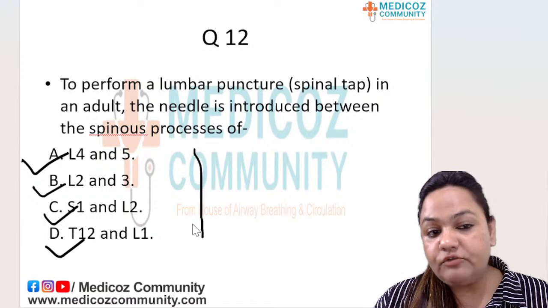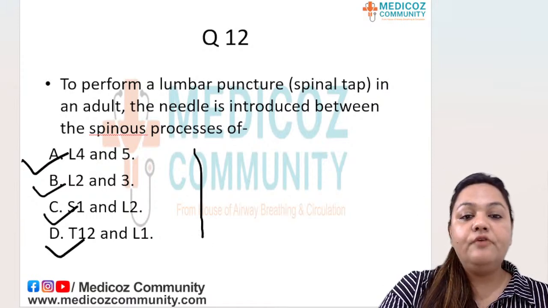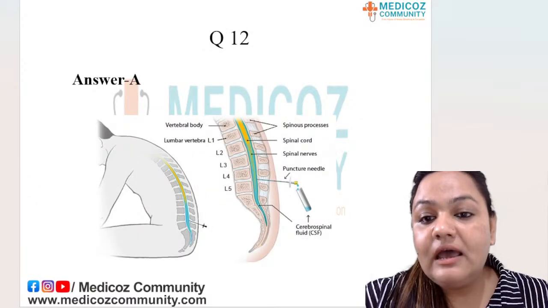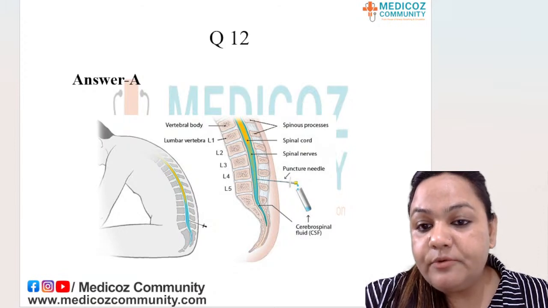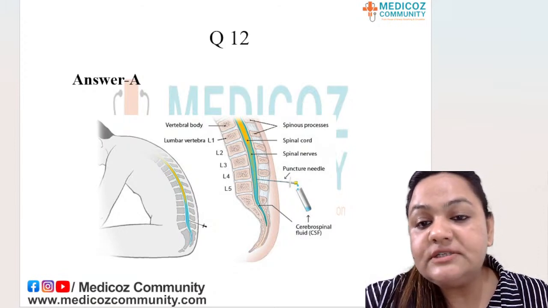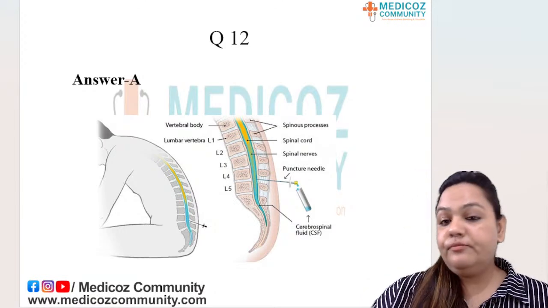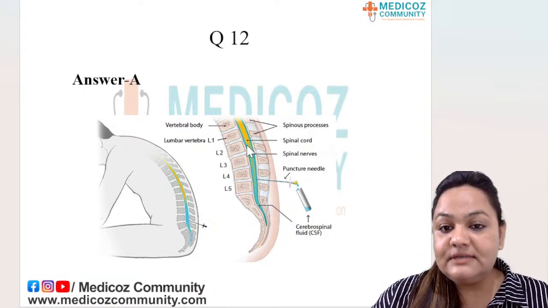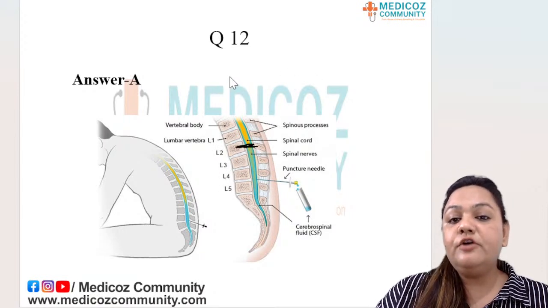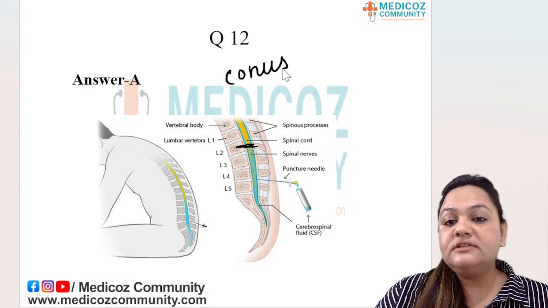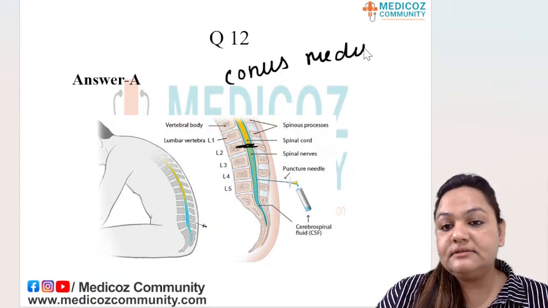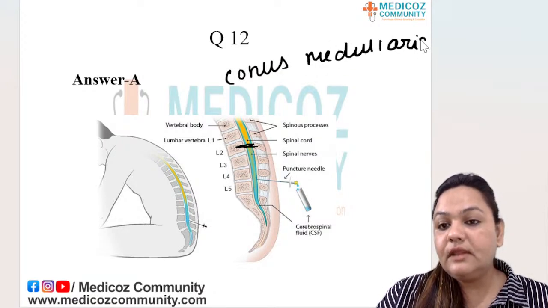Now we will find out the answer. We all know what a lumbar puncture is: a procedure done to withdraw CSF from the subarachnoid space. Now in this diagram you can see the level of the spinal cord. The lower end of the spinal cord is called the conus medullaris. Clear?